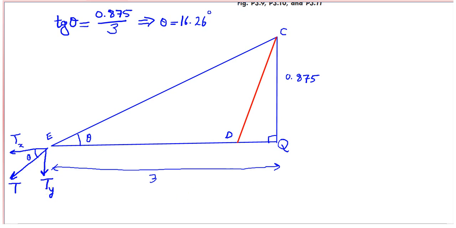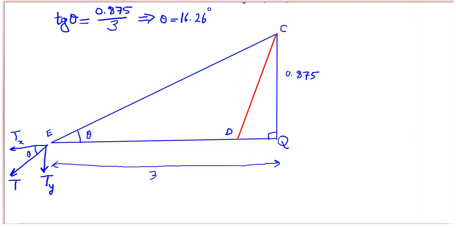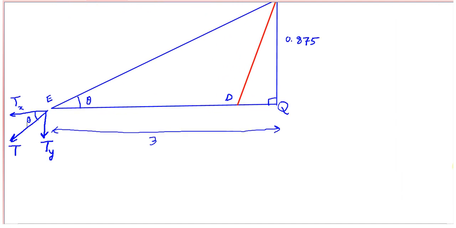So we know that the moment of T about point D is equal to 960 Newton meter. So I write here: moment about point D is 960 Newton meter.